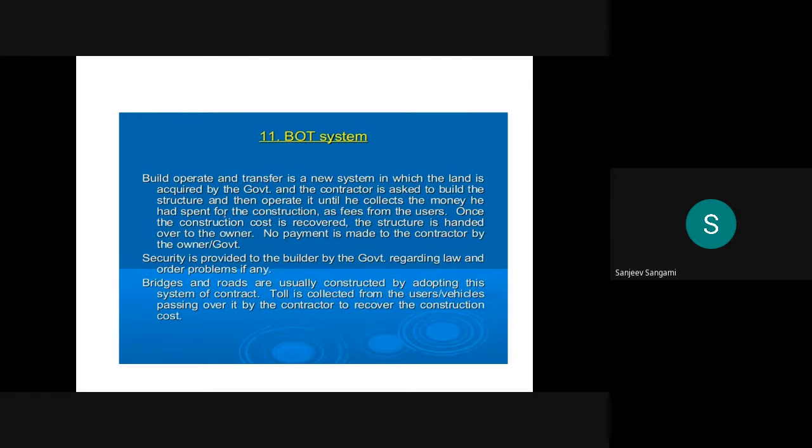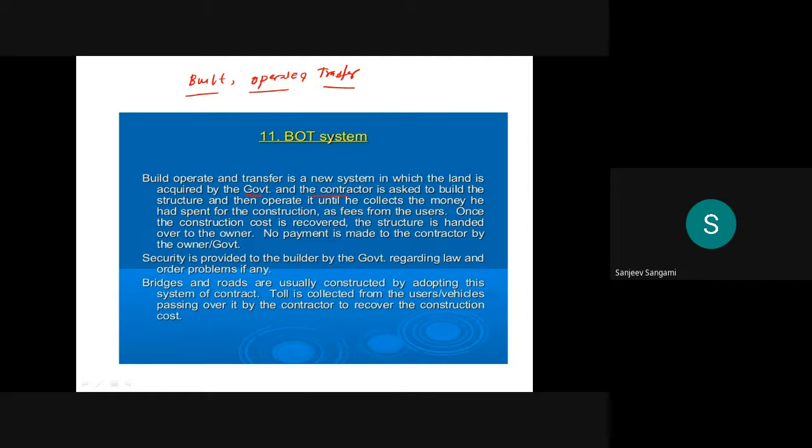Then the BOT system. BOT is build, operate, and transfer. It is a new system in which the land is acquired by the government and the contractor is asked to build the structure and then operate it until he collects the money he had spent on that construction, as fees from the users.